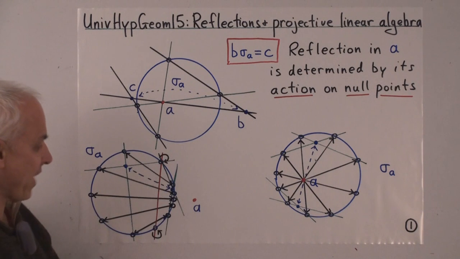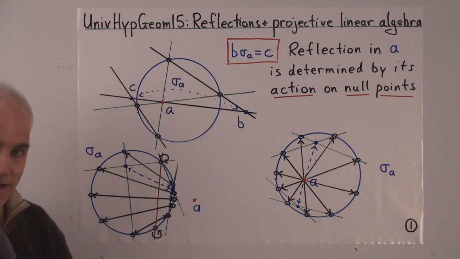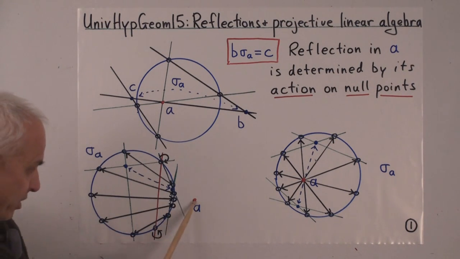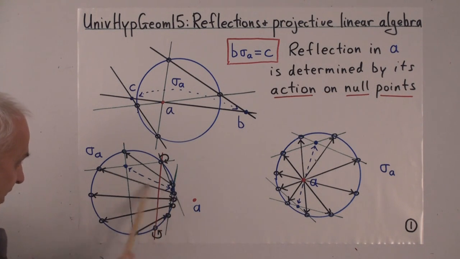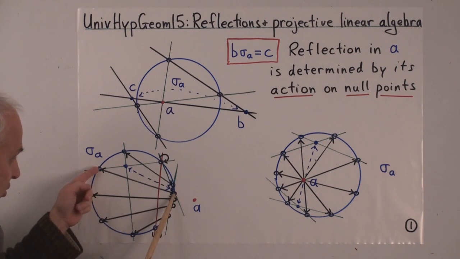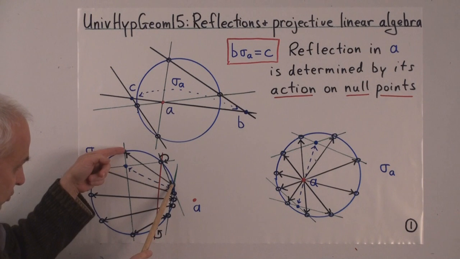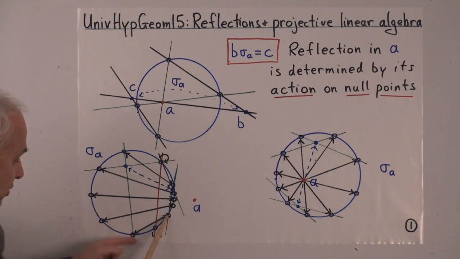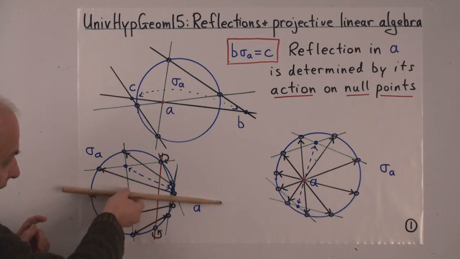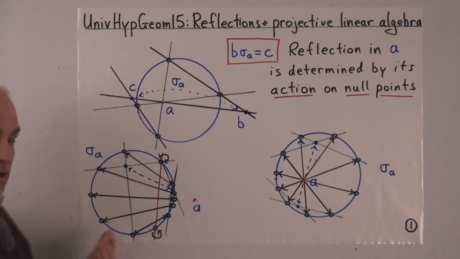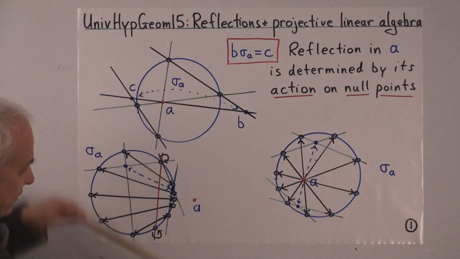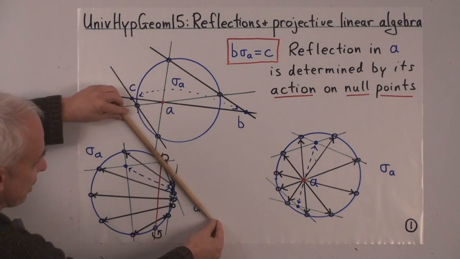Here's another version of that picture where the point A is outside. If we have the point A outside, then the reflection in it will interchange those pairs of points. We're just looking at lines through A and where they intersect the circle, generally in 2 points. In this case, there are special tangent situations.